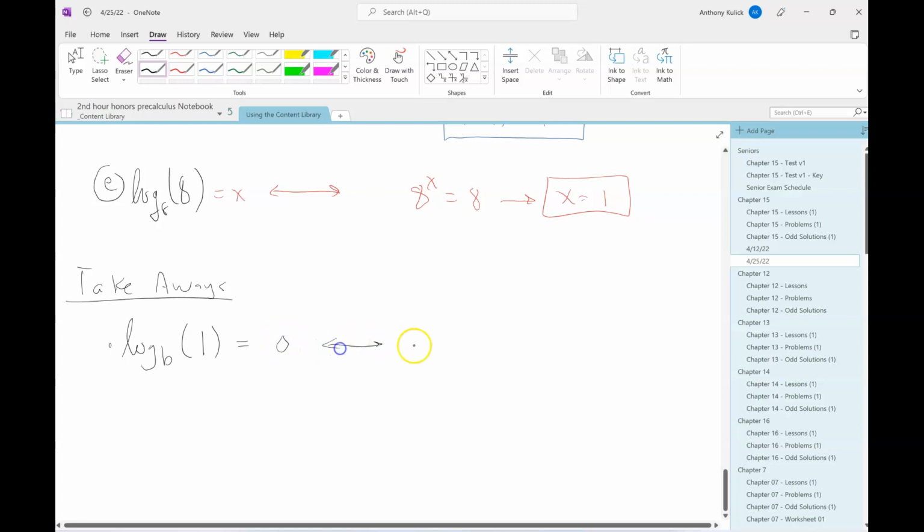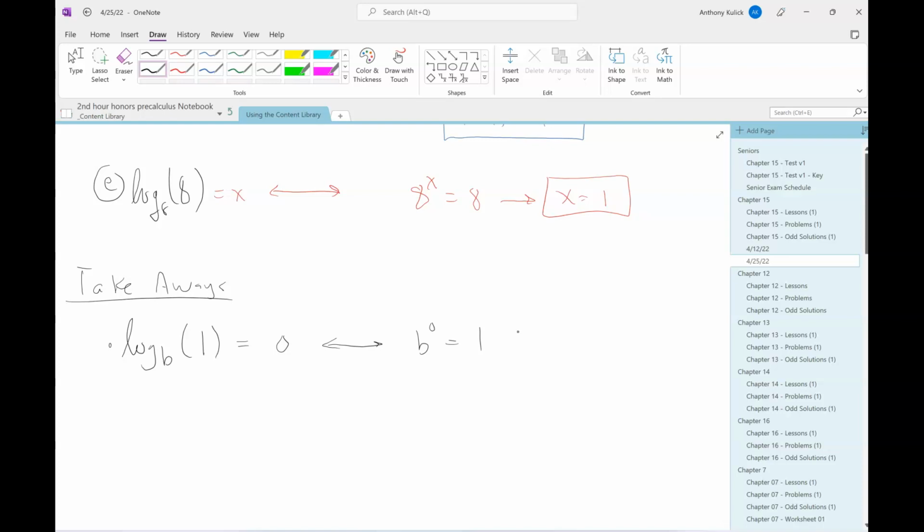Again, the reason being that b to the 0 is equal to 1. Why don't I have to worry about b being 0? We defined b as being greater than 0 and not equal to 1. So the possibility of having 0 to the 0 can't even happen. So we can say that strictly always. Everybody cool?